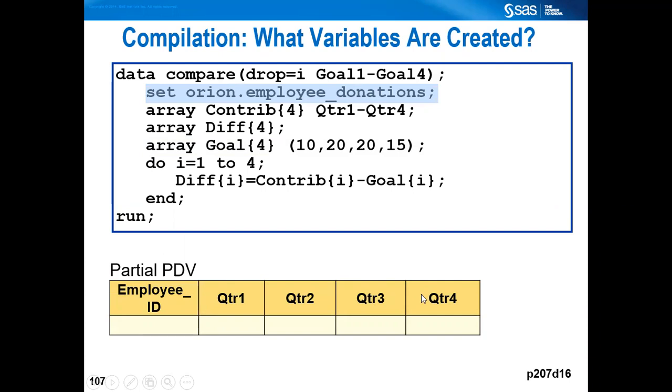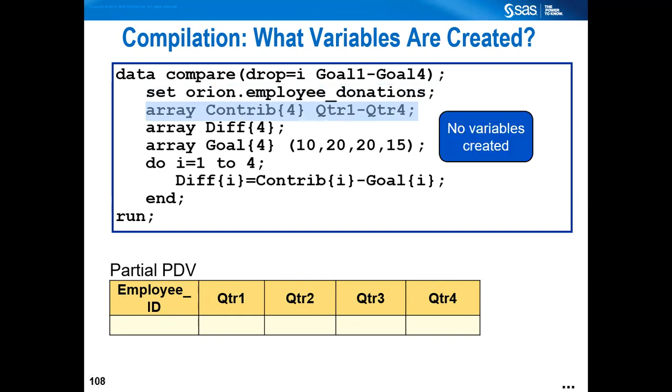It's reading these columns from the data set in PDB during compilation. So we have to give the same column names in contrib, like quarter one to quarter four, because from where else would it snatch the data? These are the existing columns coming from your data set, which you already have to provide. Absolutely.